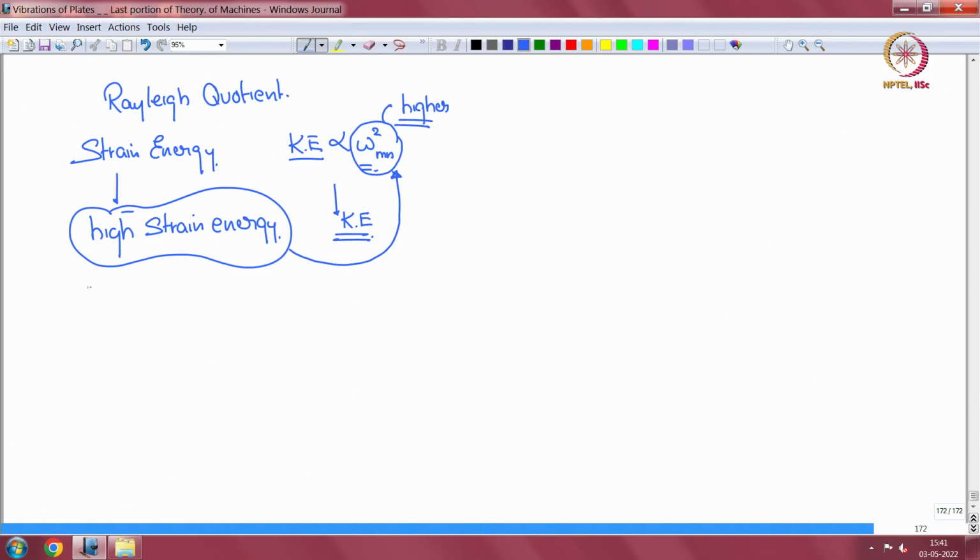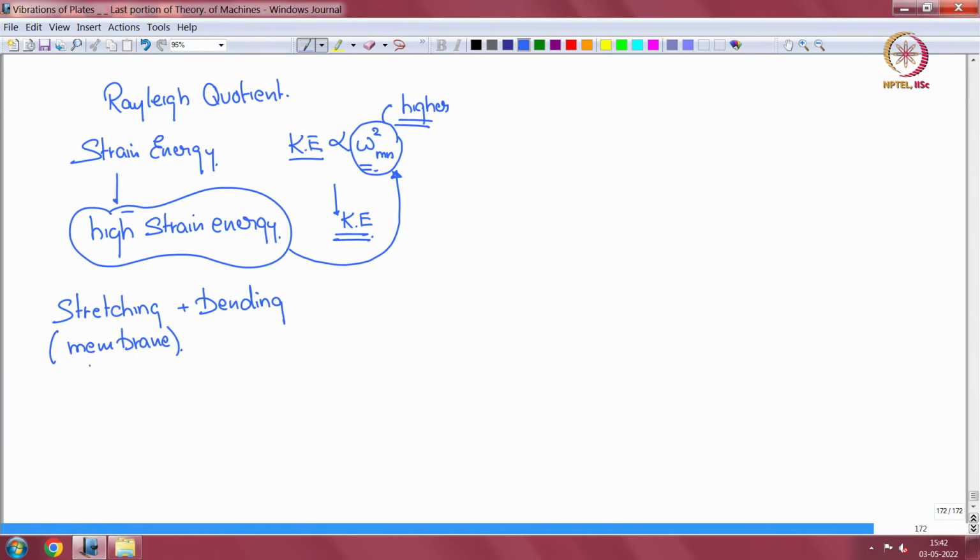Now let us look at the strain energy in stretching. Strain energy can be broken into stretching energy and bending energy. Stretching is also called membrane energy or membrane stretching.